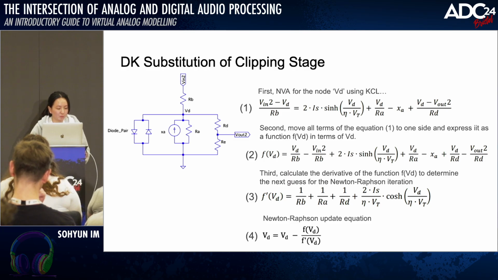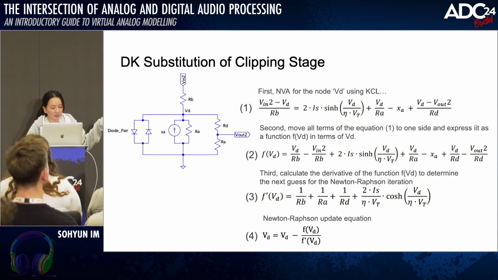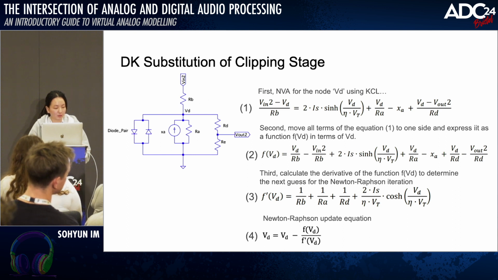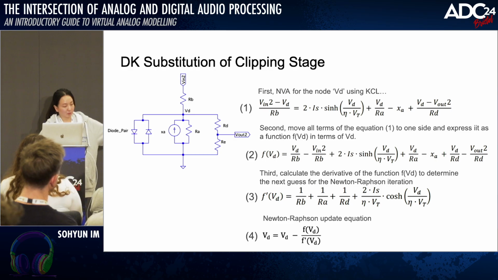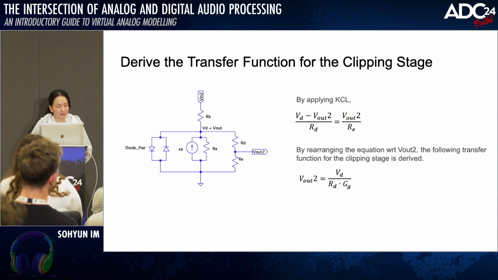Second, we move all terms of equation 1 to one side and express it as a function f of VD. Then we calculate the derivative of the function to determine the next guess for the Newton-Raphson equation. Equation 4 is the Newton-Raphson update equation. And we also use KCL to derive the transfer function for this clipping stage.